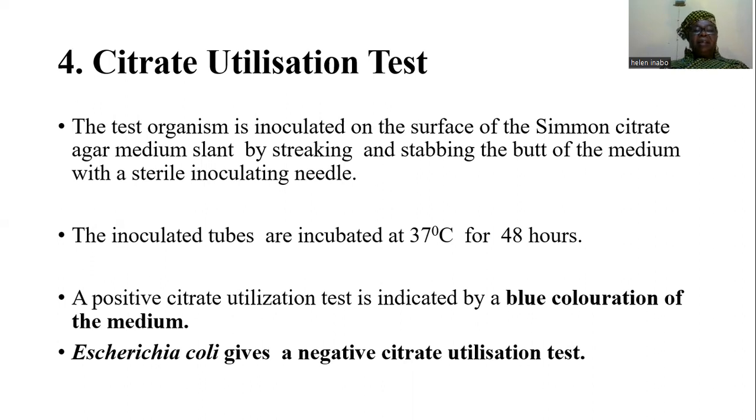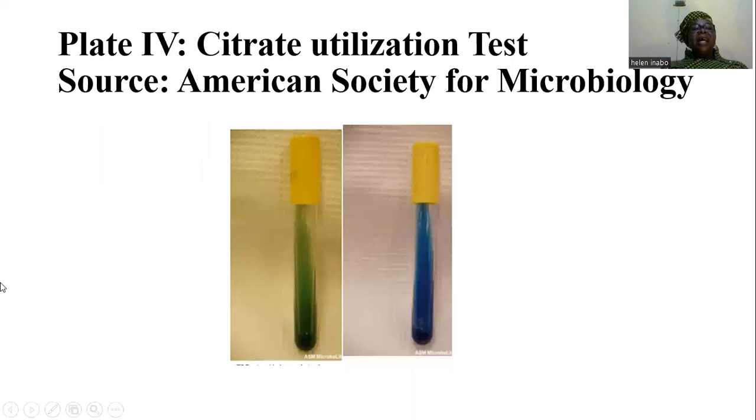Escherichia coli gives a negative citrate utilization test. Here is a plate showing the uninoculated citrate medium, the Simmons citrate medium in slant form.